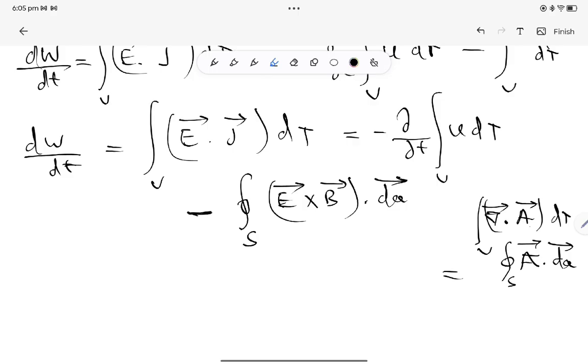And it tells us that this first term, without the del by del t, represents the total energy density in the electromagnetic field. And when we write del by del t, that means that energy density is changing with time.